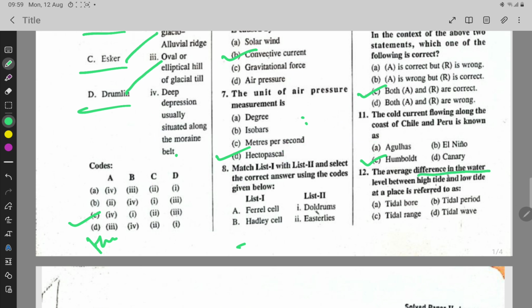The average difference in the water level between high tide and low tide at a place is referred to as tidal range.